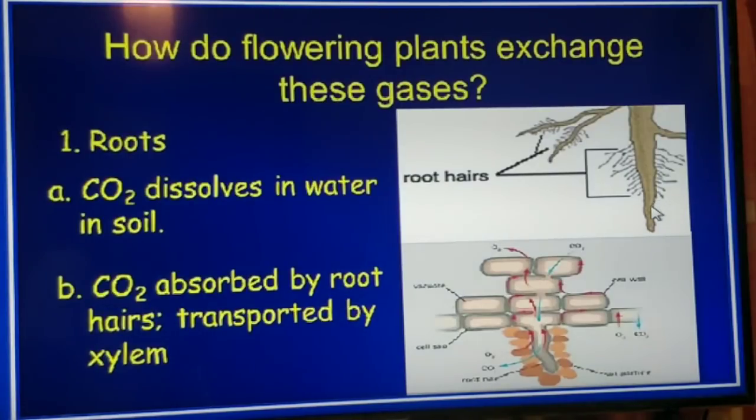You can see here in the picture, this is the main root and these are the secondary roots. These secondary roots have root hairs, as does the main root. So gaseous exchange takes place through the root hairs. This is the structure of a root hair, and the brown colored particles are of the soil.